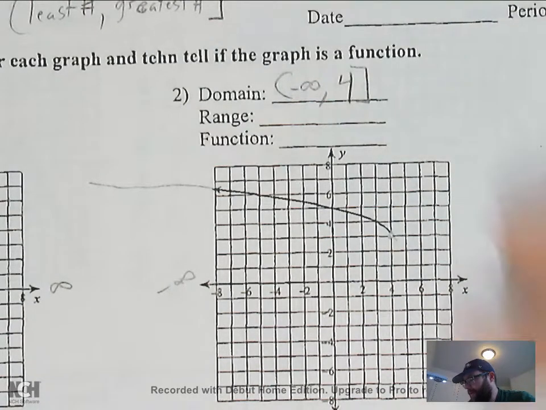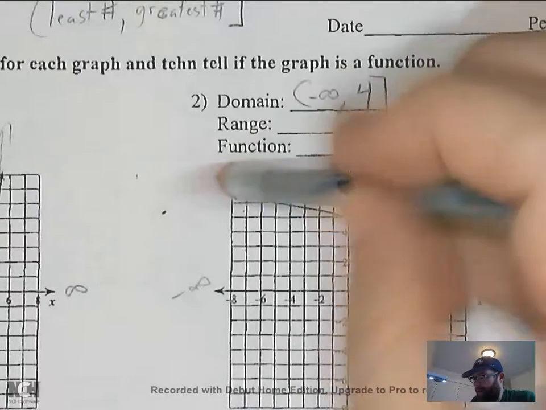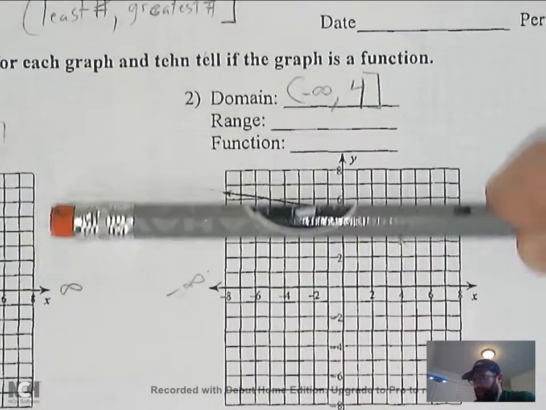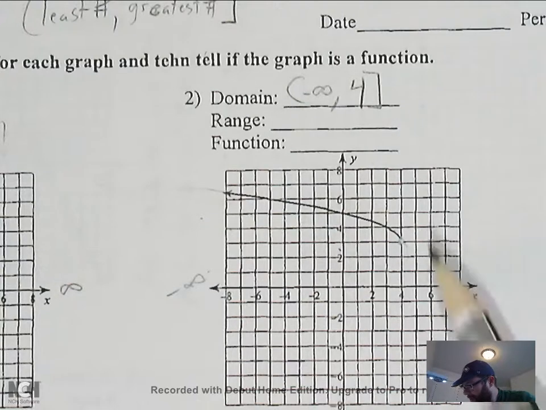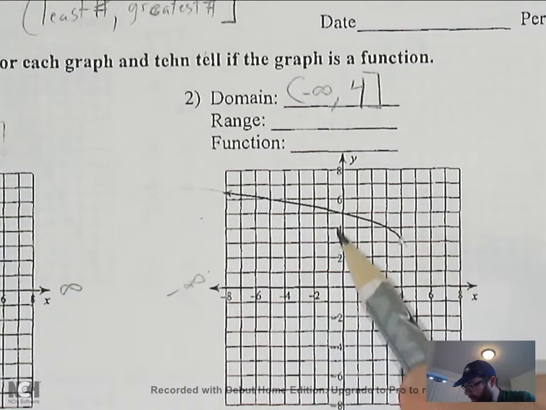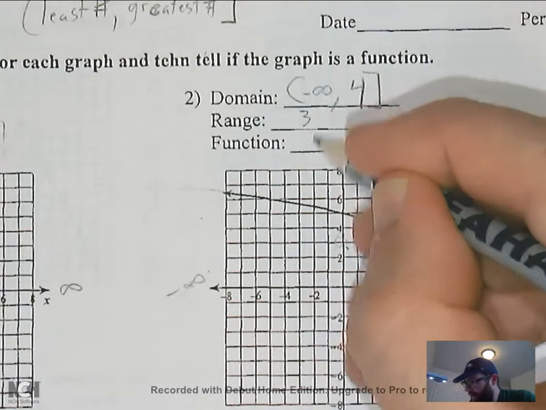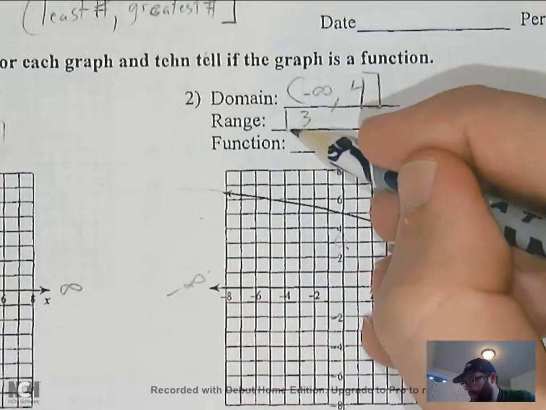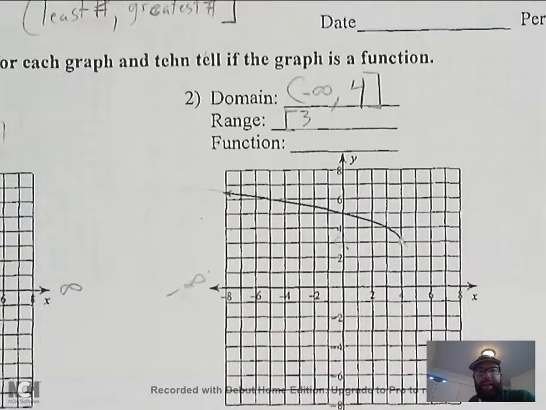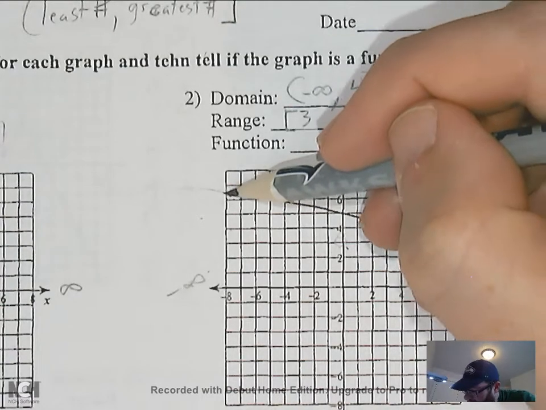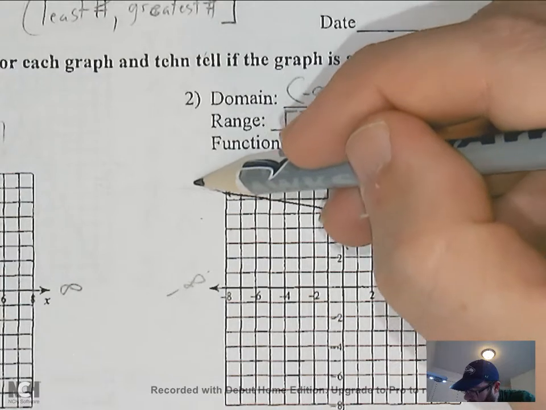Okay? Range, same idea. But again, instead of going left, right, we're going to go bottom, top. Its least y value is right there where it starts at 3. It looks like that's 3, right? So 3 would be its least y value, and it does equal 3. Okay? And then as we look at this line, it is still going slightly up as it goes off, right?